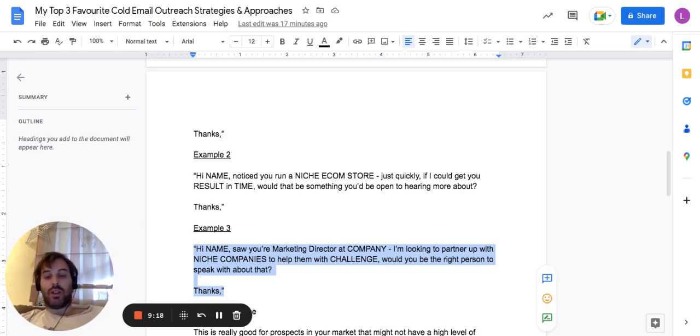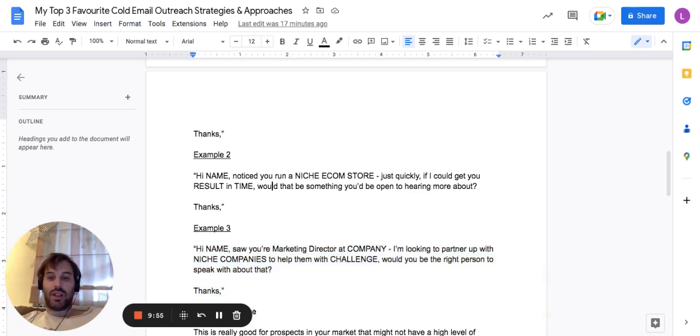But if you're contacting really big companies that have, say, a marketing department with a marketing director, marketing executives, something like this works quite well because there's usually multiple stakeholders they need to go through to get to the final decision. So if you're targeting what I call secondary level decision makers like sales directors, marketing directors, COOs, stuff like that, this is a really good approach because they can often direct you to the other decision maker or the other stakeholder who has the primary level of decision making. So just something to keep in mind there.